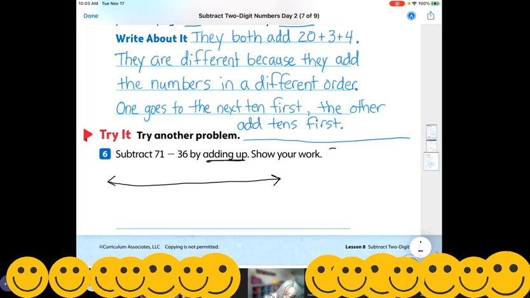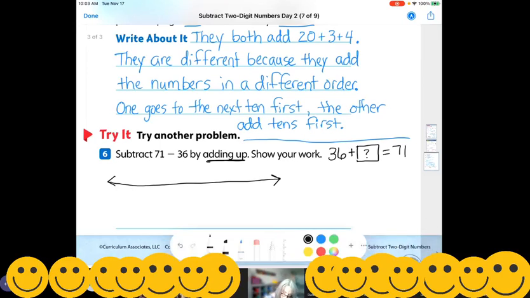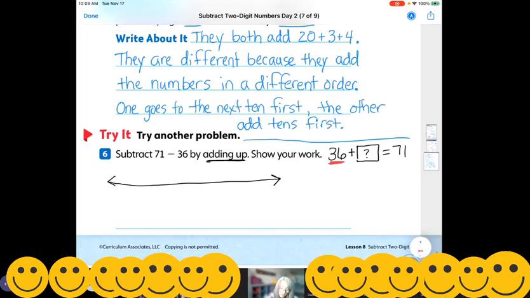Our addition problem will be 36. Please write it to the side like I'm doing. 36 plus what? That's our question mark. That's your total number of jumps equals 71. We now have the numbers that we're going to start our number line with and the number that we're going to end our number line with, right?